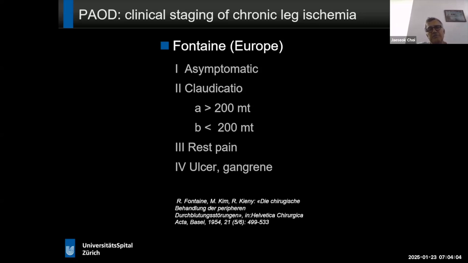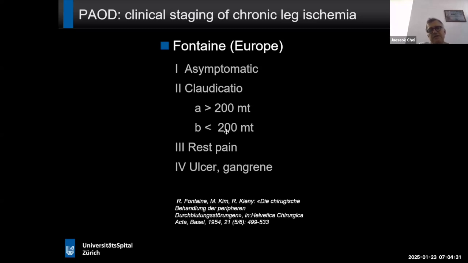Stage 1 would be a patient without palpable foot pulses, but no subjective symptoms. Then we have the claudicants. Later on, the claudicants have been divided into 2A and 2B. 2A being those who have a free walking distance of about 200 meters, and thereafter they have some pain.